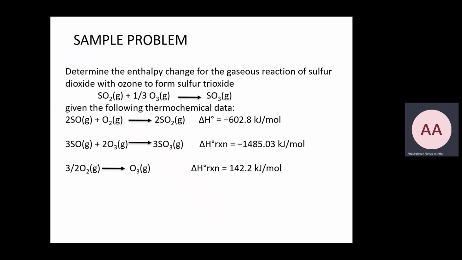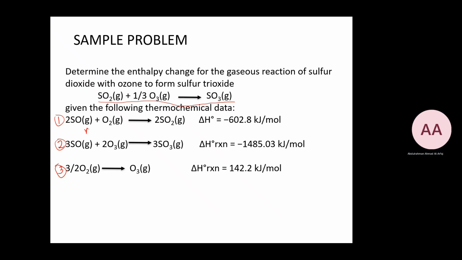Next, sample problem. Again, I have 3 equations, 1, 2, and 3. And I want delta H for this reaction. Okay, I have SO2 here, not 2SO2. This is 2SO2. What should I do with the first reaction?